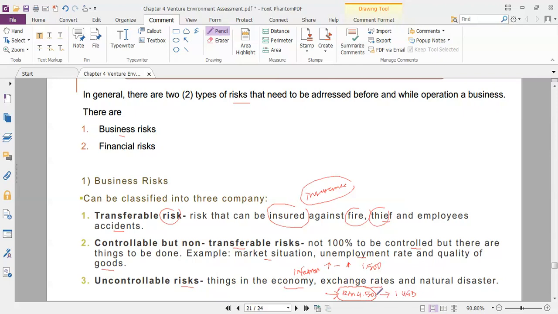Sampai ke RM4.50 sepanjang 30 tahun ekonomi kita. This is the most weak prices, RM4.50. Okay, exchange rate tu apa effect dia?